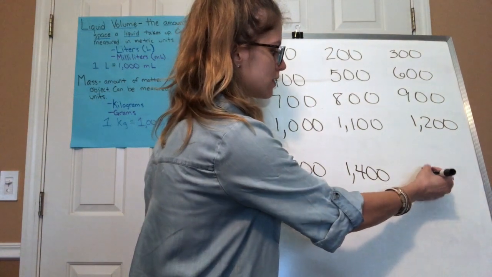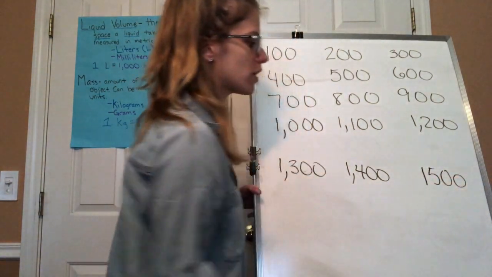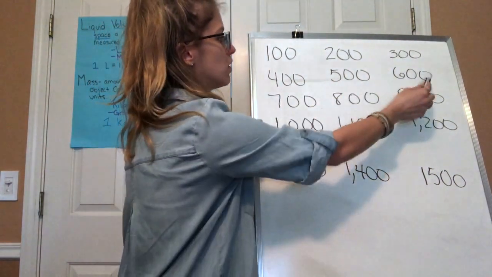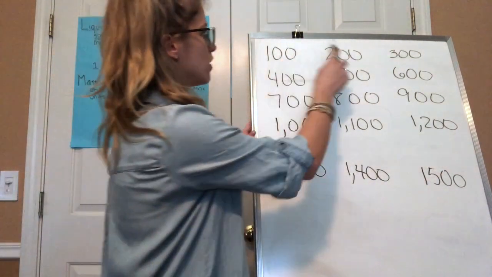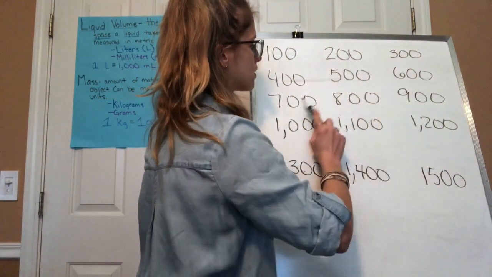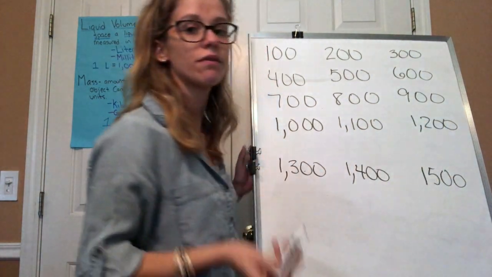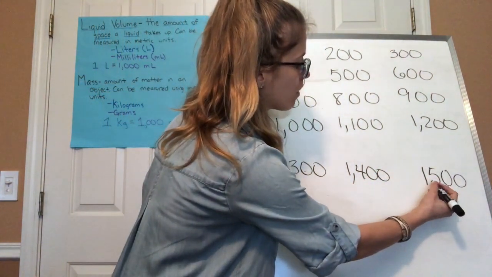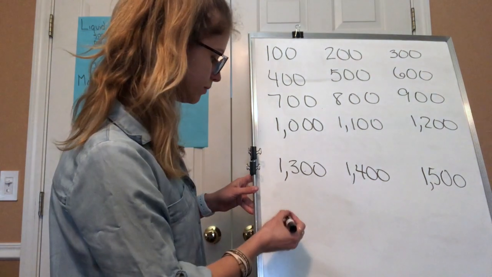And you could have said this number was 1,500, which is true. How many hundreds do we have on our board? We have 1, 2, 3, 4, 5, 6, 7, 8, 9, 10, 11, 12, 13, 14, 15 hundreds. But we can also say 1,500.